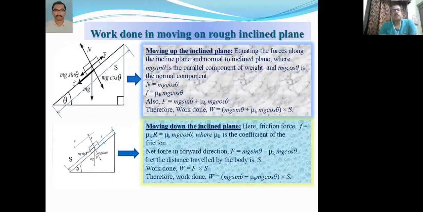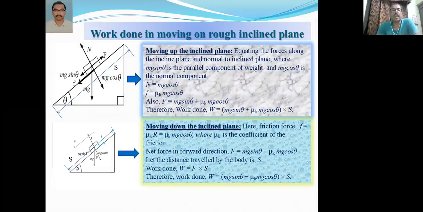Now we are discussing the work done in moving on a rough inclined plane. Here we can see in the first diagram, the body is moving, so the coefficient of kinetic friction comes into play. Equating the various forces along the inclined plane and normal to the inclined plane, we can see that mg sin theta is the parallel component of weight and mg cos theta is the normal component.